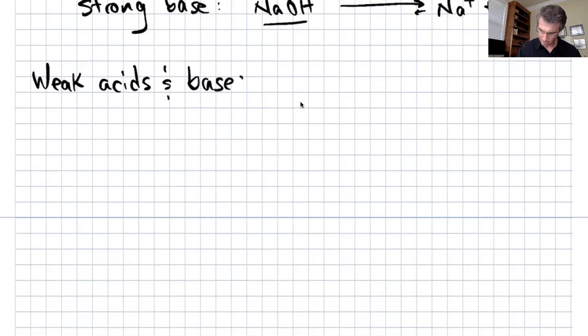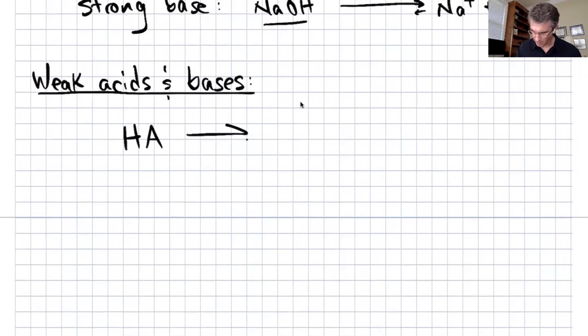Where we can't simply assume the dissociation or the ionization is complete, which means we've got to think about equilibrium again. Okay, so if we abstract this a bit to a weak acid, where H is a proton and A is my acid, right? Which has an associated ionization equilibrium to release a proton and the conjugate base.